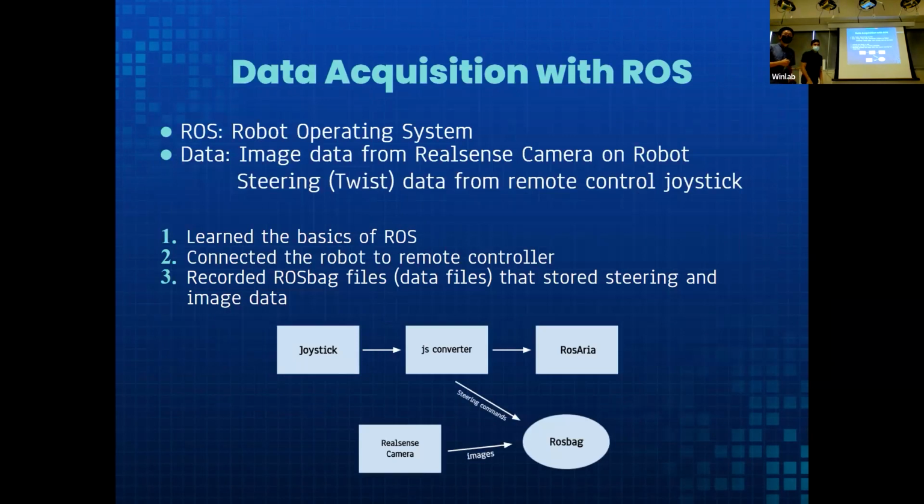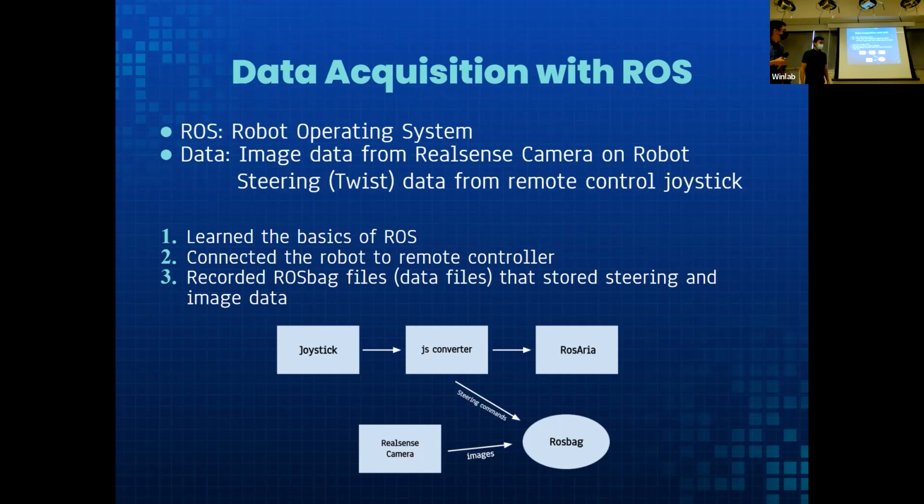Data acquisition for ROS. ROS stands for Robot Operating System. It's a set of software tools and libraries that helps to build robotic applications. As you can see in the diagram here, we use different components to extract data.